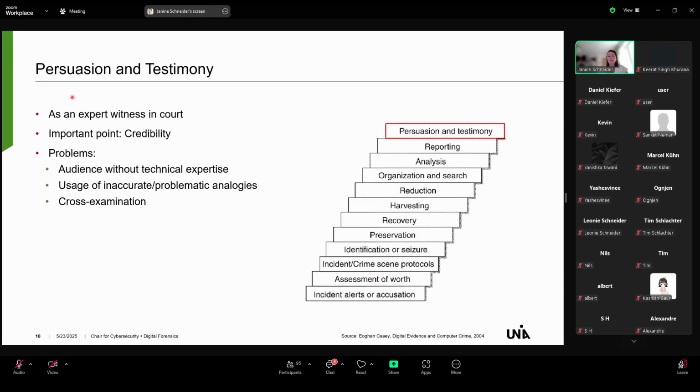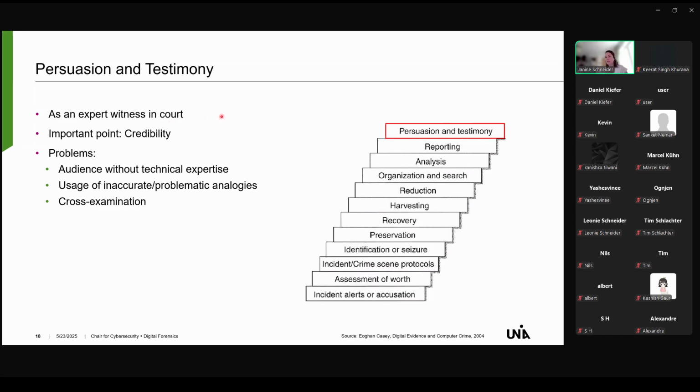Okay, and the last step is the persuasion and testimony. This is where the forensic expert is questioned before court. And if the forensic expert is questioned before court, then the person is called an expert witness. The important point here is credibility, trustworthiness, reliability.